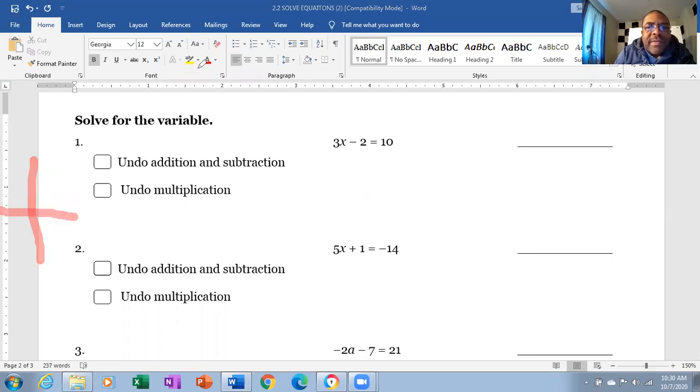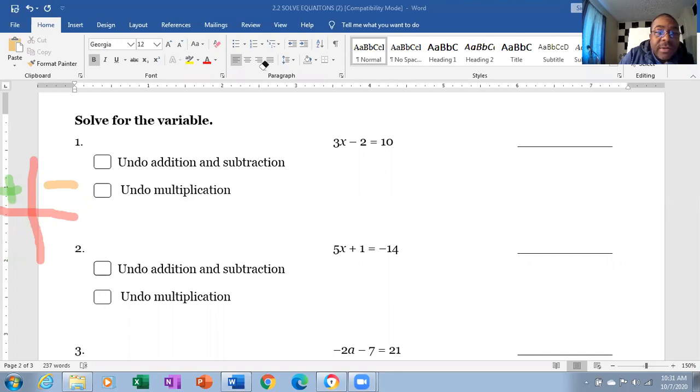Okay, so we have addition, and addition is that plus symbol. The opposite of addition is subtraction. Now, the opposite of multiplication, or since you're in high school now, we don't even deal with the X anymore because X can be a letter.